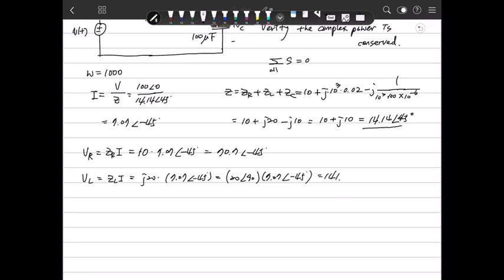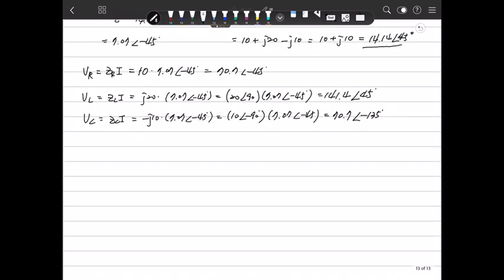So the result is 141.4 at angle 45 degrees. And VC is ZC times I, where ZC is minus j10, and I is 7.07 at minus 45. Then the result is 10 at minus 90 times 7.07 at minus 45, which is 70.7 at angle minus 135 degrees.